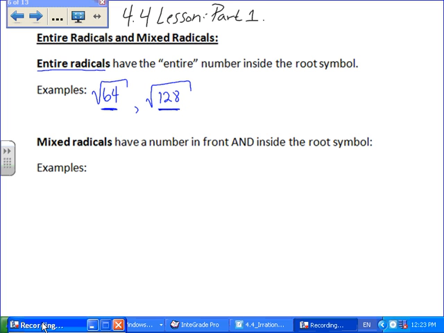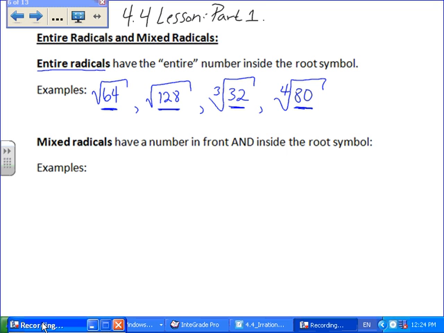Again, the entire number is inside the root symbol. Cube root of 32. The entire number is inside the root symbol. In other words, we don't see any number out front, in front of the radical. So we don't see 2 square root 5 or something like that. We could also have the fourth root of a number, fifth root. The fourth root of 80, for example, is an entire radical because the entire number is being shown inside the root symbol.